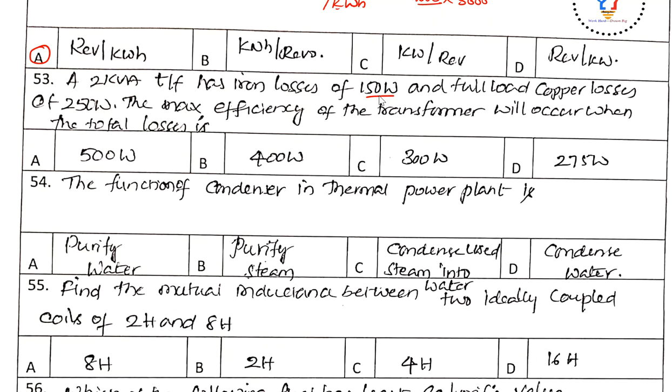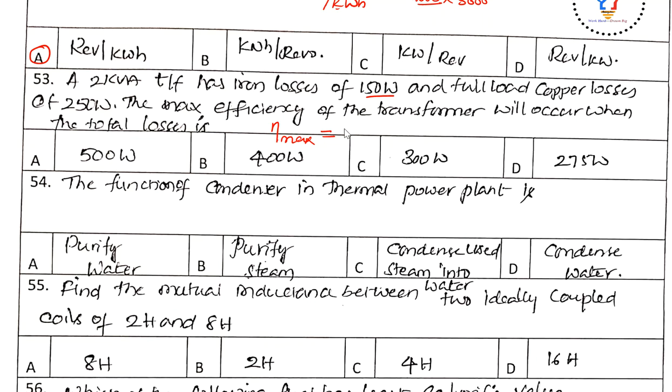The maximum efficiency of the transformer will occur when the total losses... Okay, so here the concept is we need to get the maximum efficiency. The condition for maximum efficiency is that the core losses are kept constant.